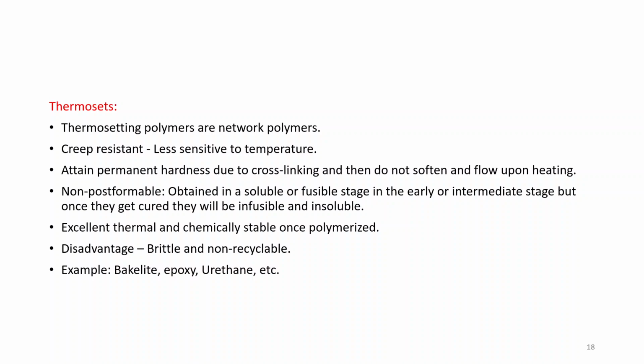But once they get cured, they will be infusible and insoluble. These are excellent, thermally and chemically stable once polymerized. Disadvantages include they are brittle and non-recyclable. Examples are bakelite, epoxy, and urethanes.